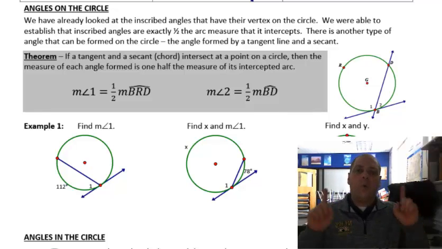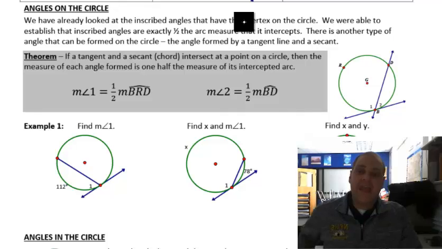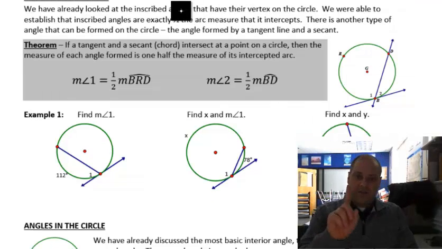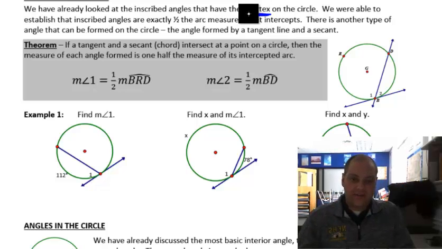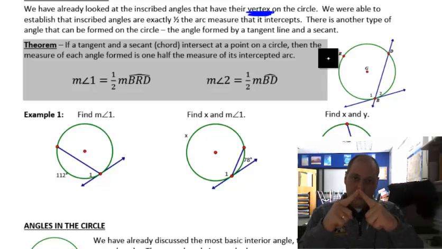So it's all about where these things intersect. Where is that vertex? Where do they meet? If the angles are on the circle, that means the vertex is on the circle. The vertex is the point where they come together.